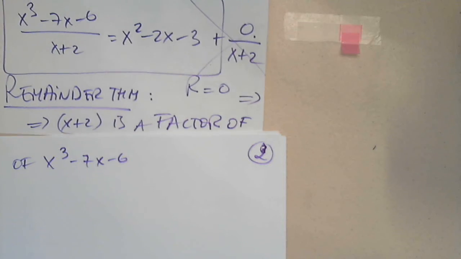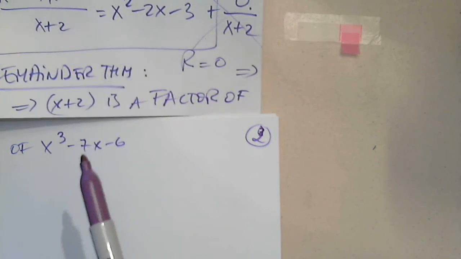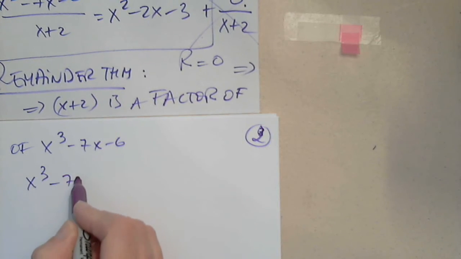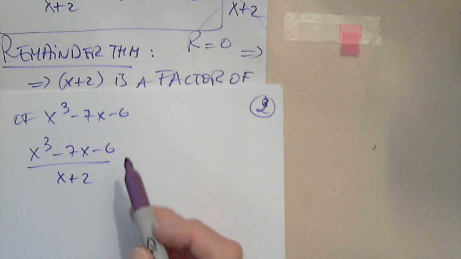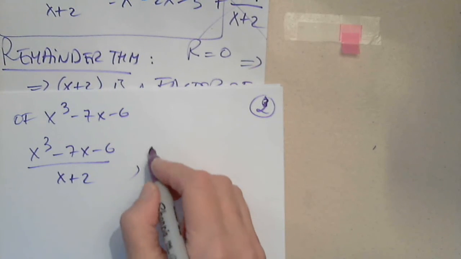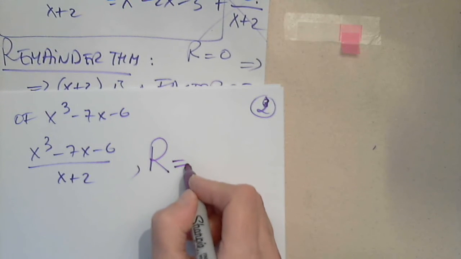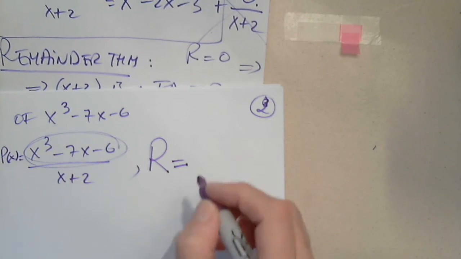Now, the remainder theorem says that if I divide these two, and I'm not interested in the quotient, I only want the remainder, the remainder will be the top polynomial, let's call it P of x, evaluated at a.